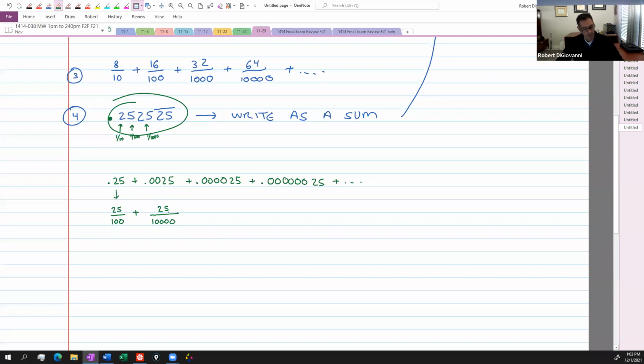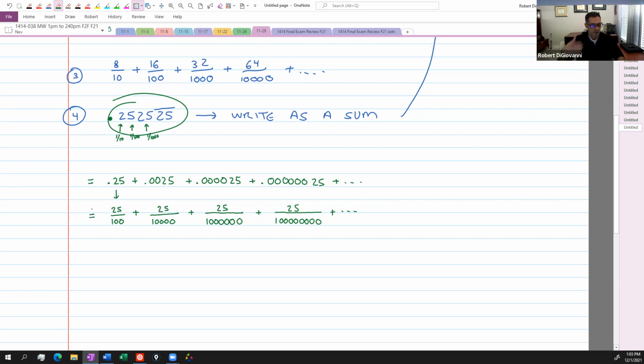And then the next one will be 25 over, well, I just have to add another 2 zeros, because every time I move to the right, I'm going to have 2 more zeros in the denominator. So that'll be 25 millionths. And then I could keep going. I'll do one more here, 25 over 1 with 8 zeros. And then it just keeps going. So far, okay?